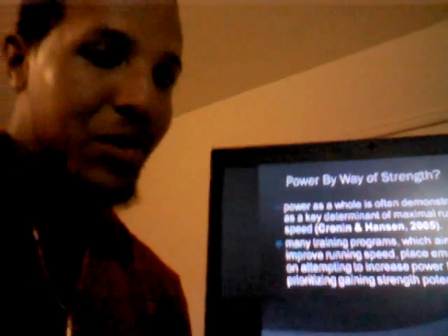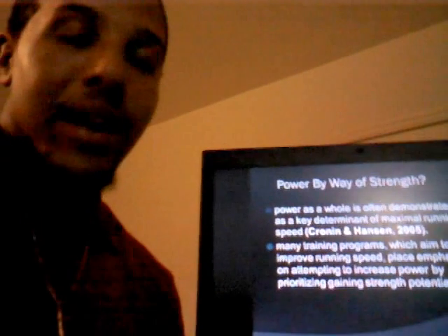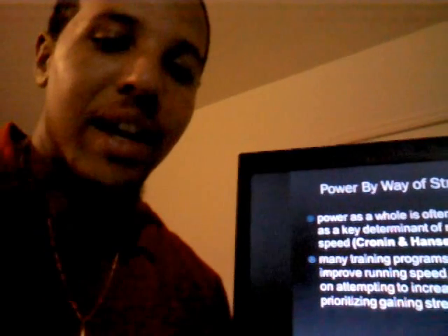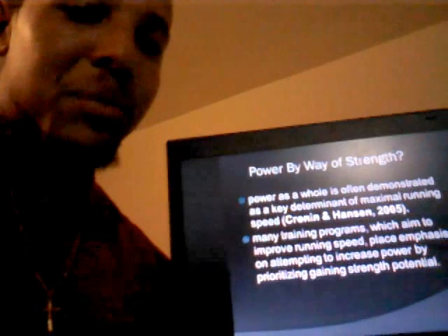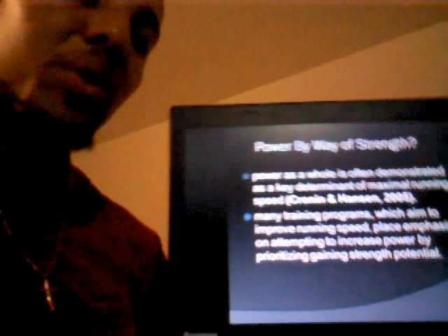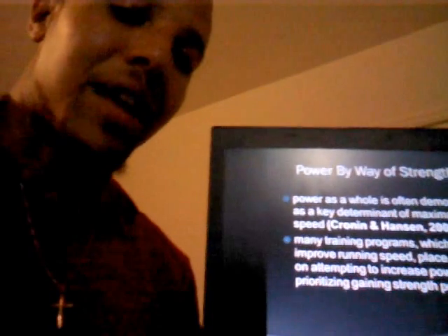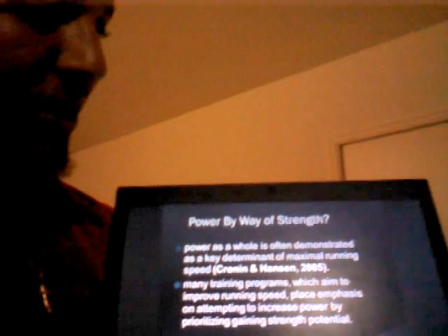By the same token, if it was a smaller weight, let's say 30% of their 1 rep max, and the athlete was able to move the weight very fast, then obviously, as far as strength goes, that wouldn't be much of a challenge, and so it would be a lot less likely that form of training would induce strength gain. So that's kind of what coaches have to deal with.